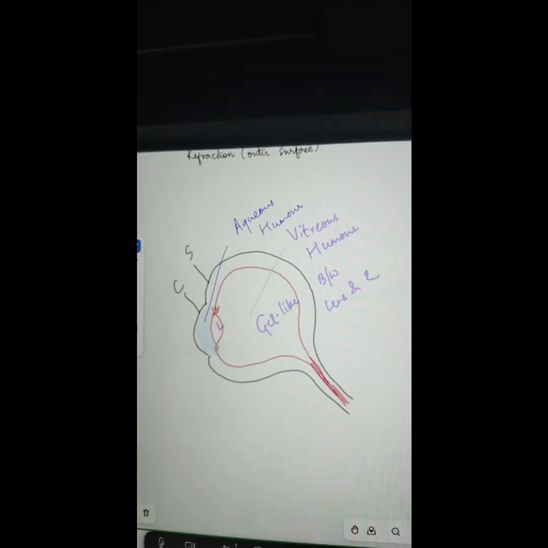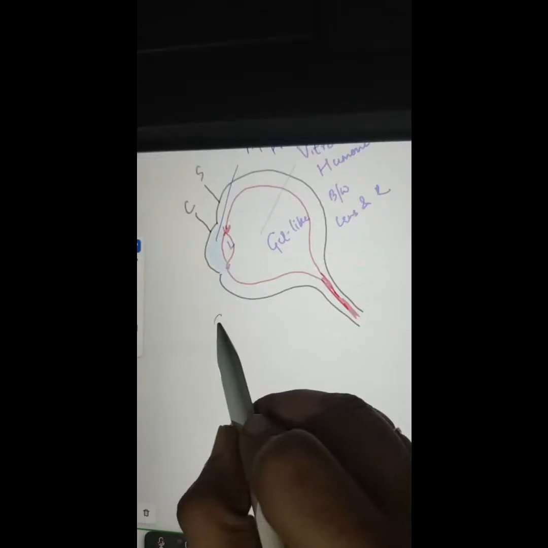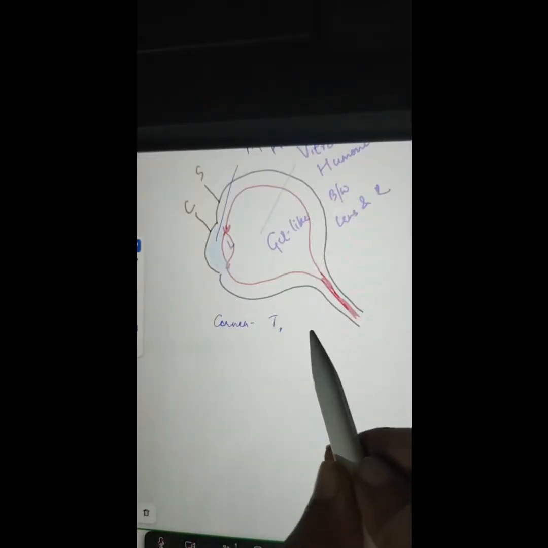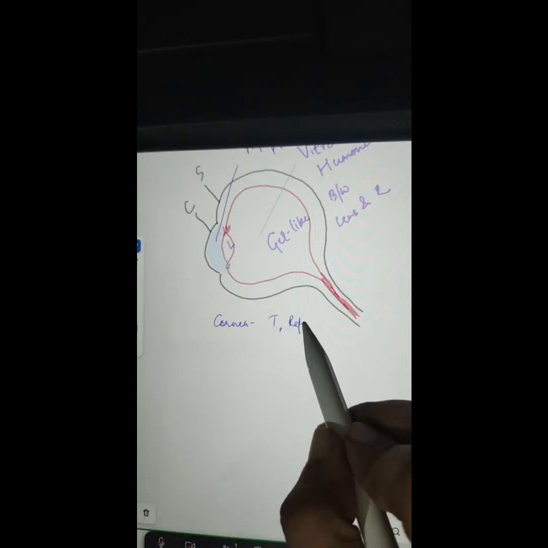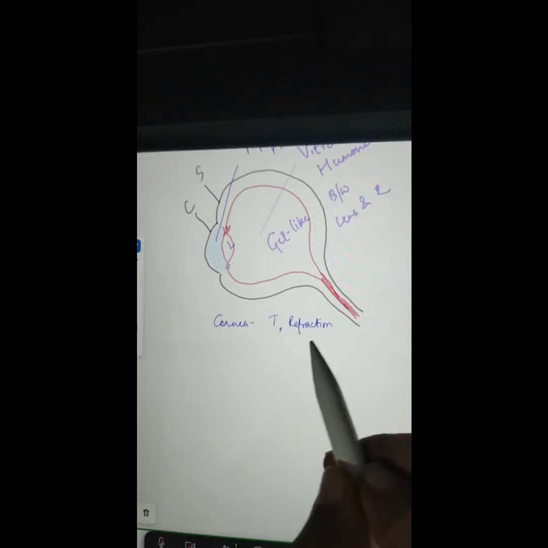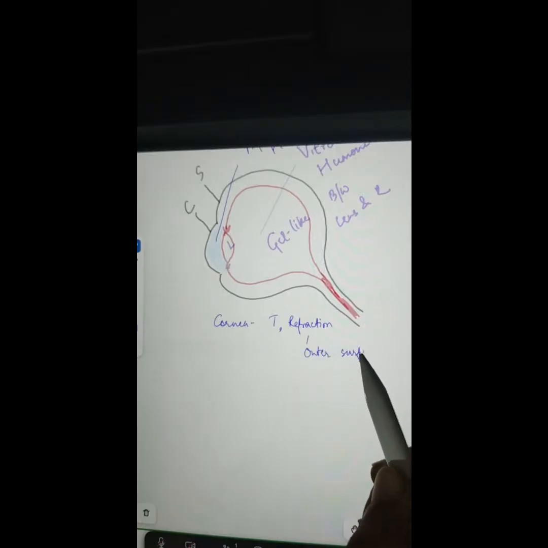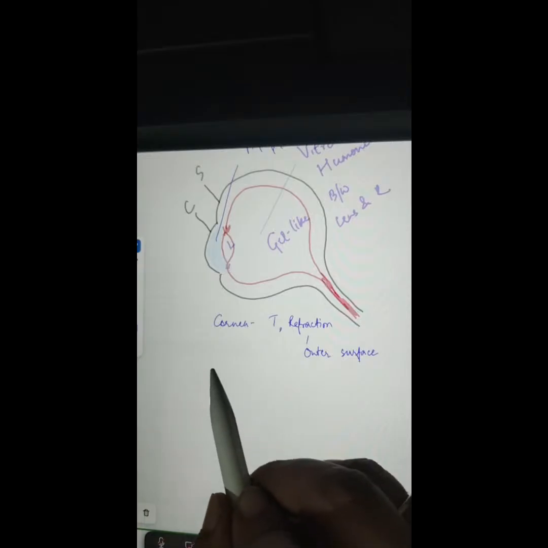So, we have talked about cornea, that cornea was transparent and bulging, and it helped in the phenomenon of refraction. The outer surface of cornea helps in the refraction.